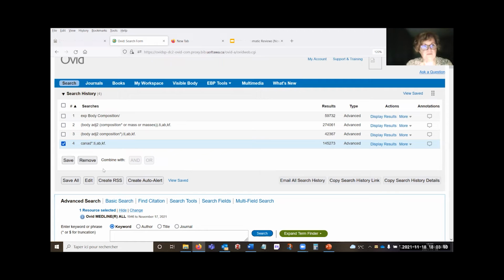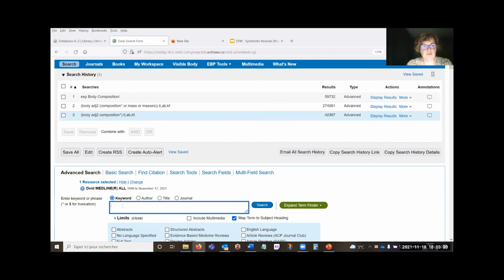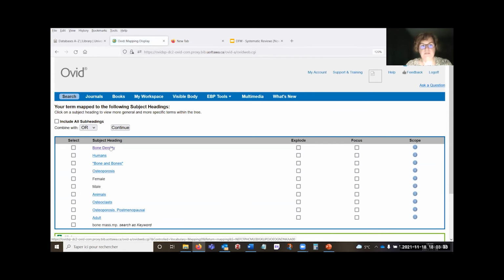Etc. Okay, so as I showed you in my list of keywords in the PowerPoint, there are a lot more words and expressions, and every time it's the same principle. I'll just do one more quickly, but then I'll spend a bit less time. Bone mass. I think it's the subject in Medline. Oh no, it's bone density.